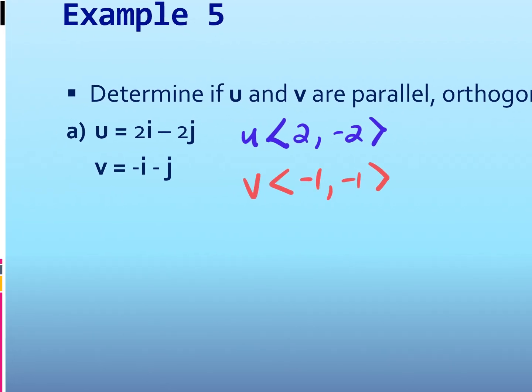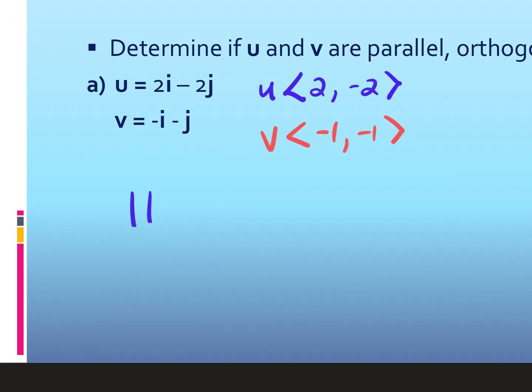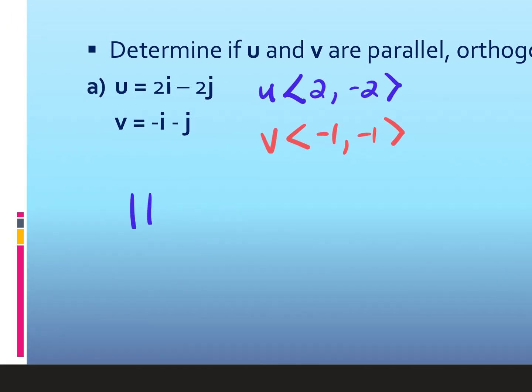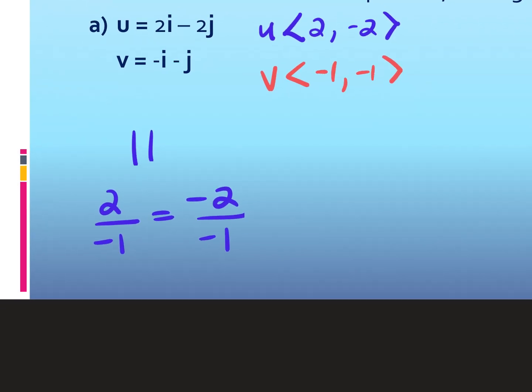All right, let's check to see if these are parallel. If they're parallel, that last slide told us we take the first part of the first vector and put it over the first part of the second vector. Does that equal the second part over the second part?